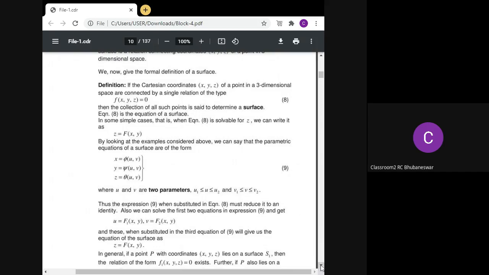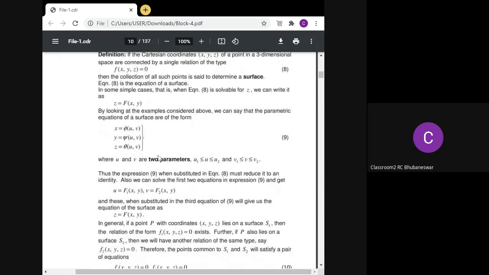Otherwise, we can convert the function into two parameters u and v by assigning a new relation: x equals phi of u, v, y equals psi of u, v, and z equals theta of u, v.